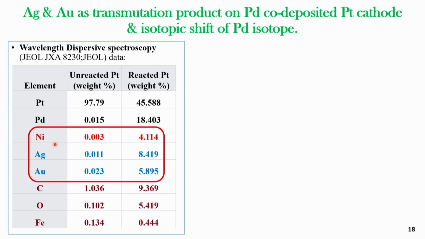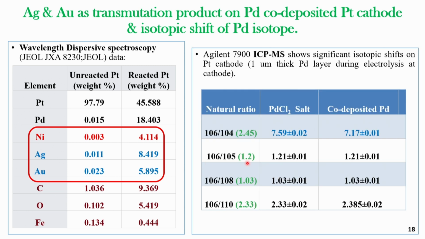So we are not considering this as a transmutation product. However, silver and gold were not present in ICP-MS, so we are sure that these are transmutation products seen through WDS. We also did some ICP-MS to look at isotopic shifts, to see whether they are present in our cathodes after the reaction.